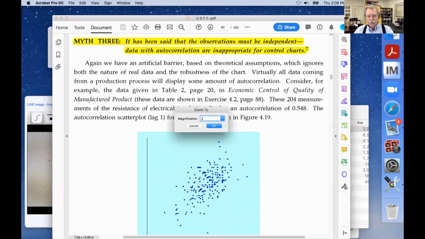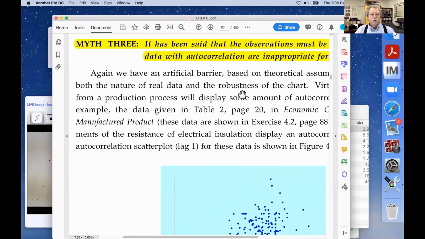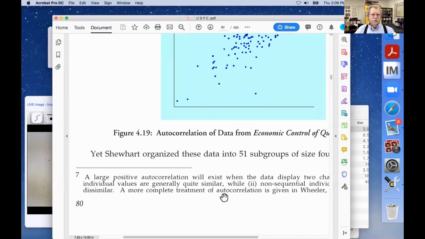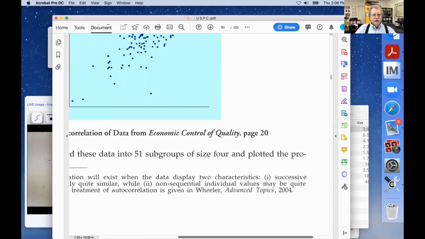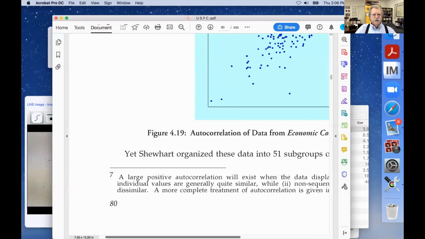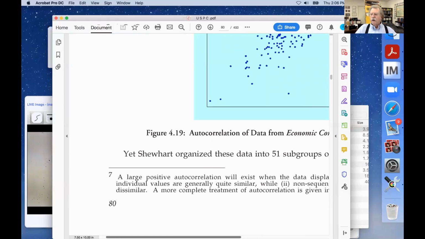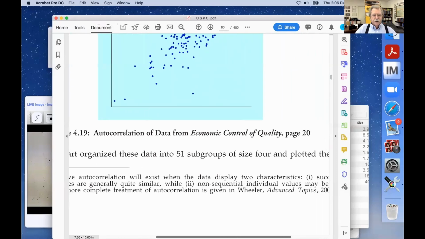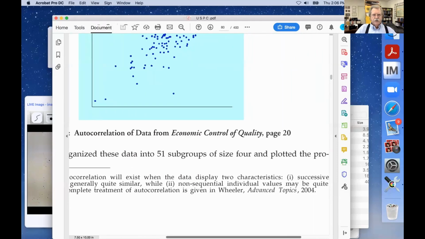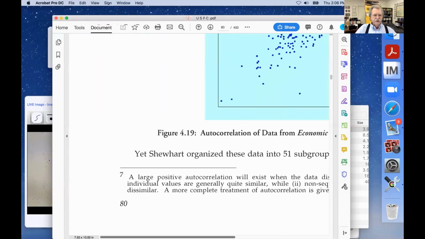Zoom in here. There's a footnote down here at the bottom of page 80. A large positive autocorrelation will exist when the data display 2 characteristics. Successive individual values are generally quite similar, while 2 non-sequential individual values may be quite dissimilar.